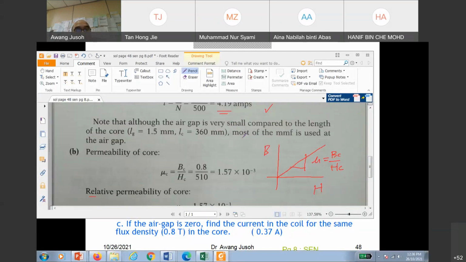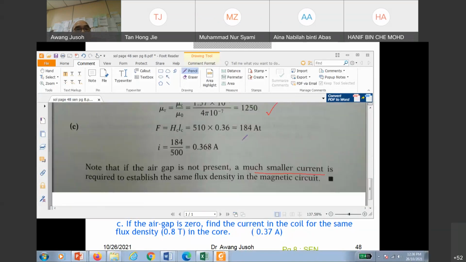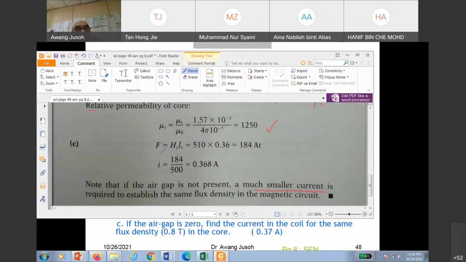But without the air gap, you can see that F equals H_c l_c only, just one medium only. There is no air gap medium there, so we can find it. So H is 500, l, we got 184 divided by that. We just require 0.368 only to set up 0.8 Tesla. That is different.